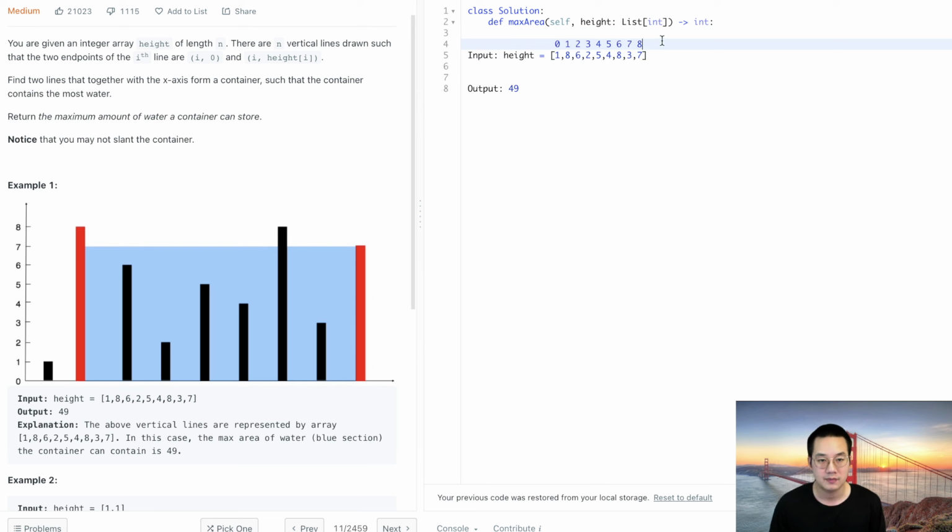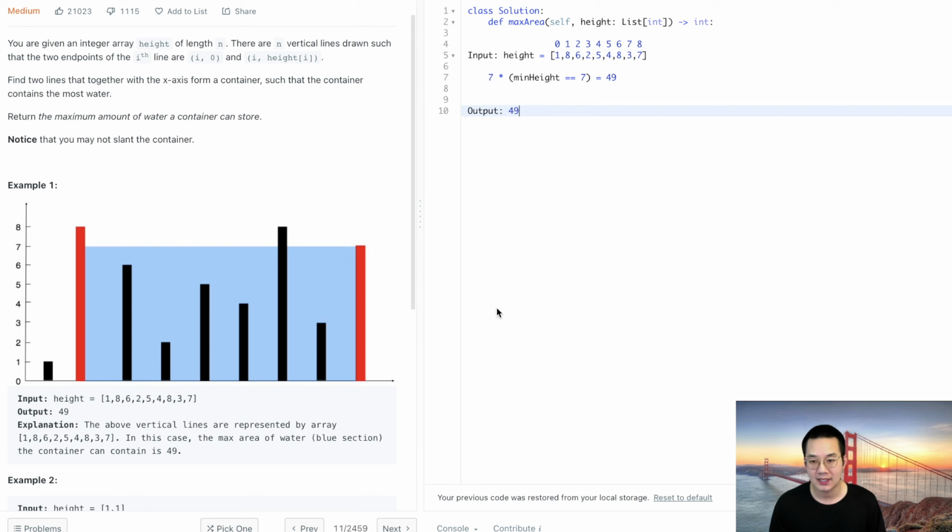So that's the indexes, and 8 minus 1 right here is going to be 7 on the x-axis. And the minimum height between the two, times the difference, is 7. 7 times 7 is equal to 49. And so that's why we have 49.